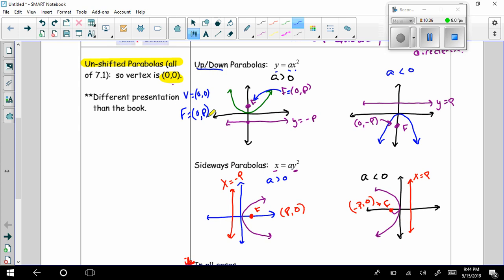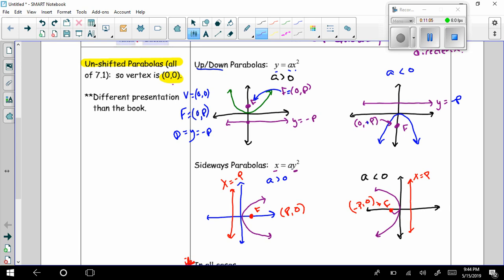And really, even on this side over here, where I wrote negative p, we think of it as p, and we'll think of this as the opposite, because what you'll find is that your p ends up being negative. And so when you plug that in, it changes this to a positive. So you'll see those in the examples. Your directrix is y equals the opposite of p.